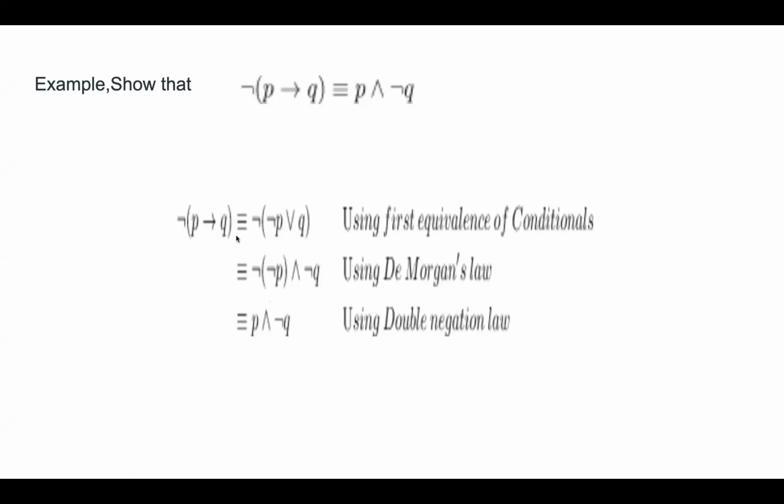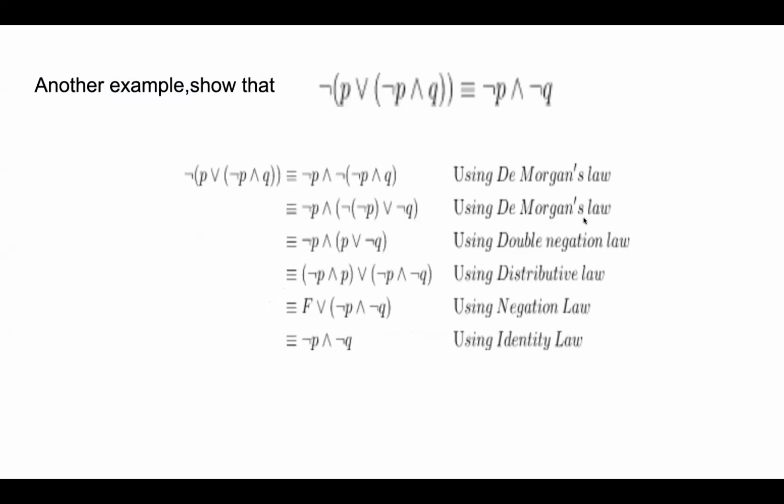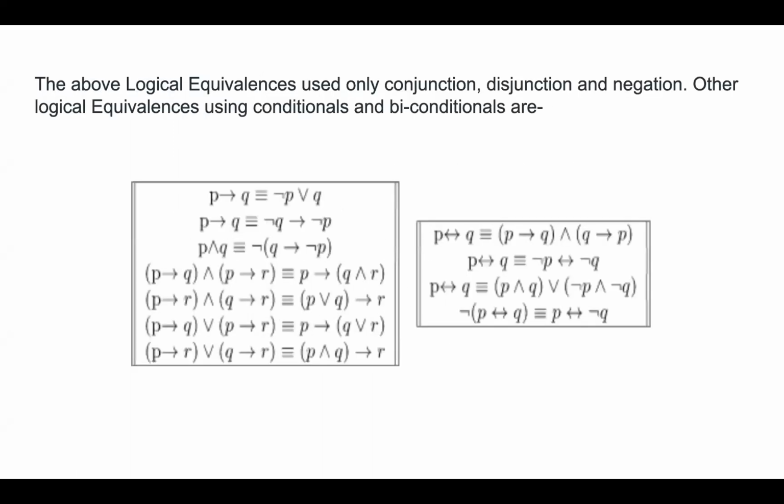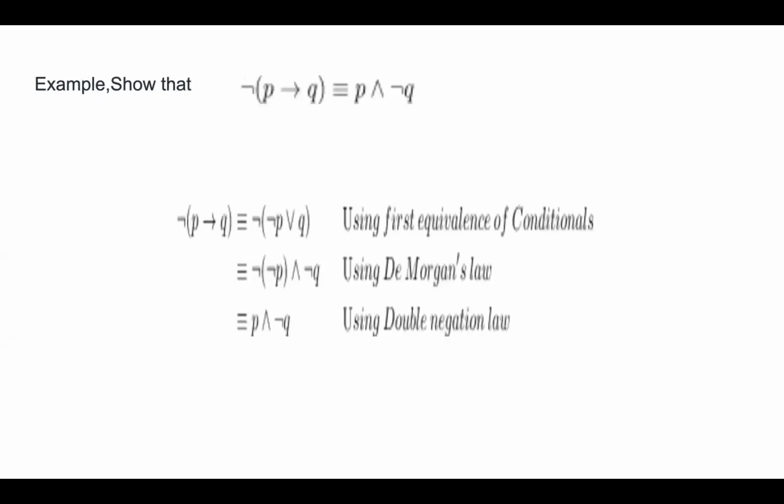That is, negation of P implies Q is equivalent to negation of negation P or Q. Okay, negation P or Q using the first law of equivalence of condition. What is there in that formula? Here we know P implies Q is negation P or Q, so we used here, in place of P implies Q, what did we write?